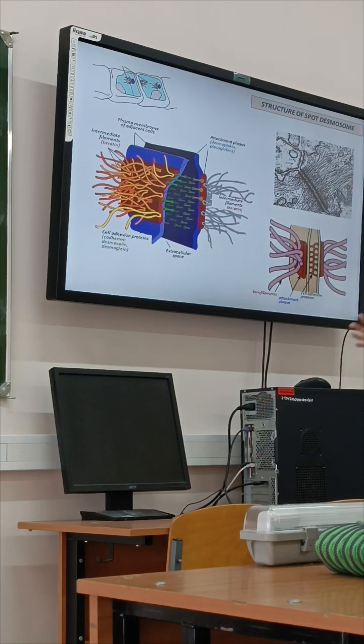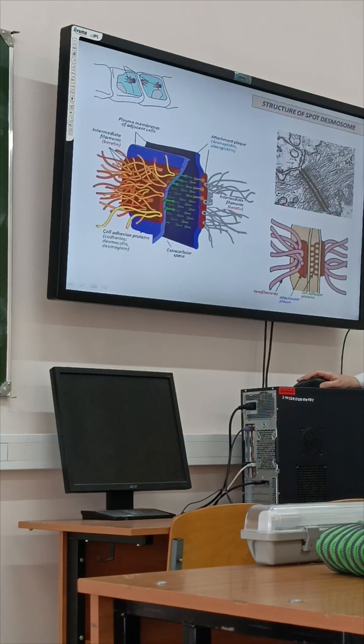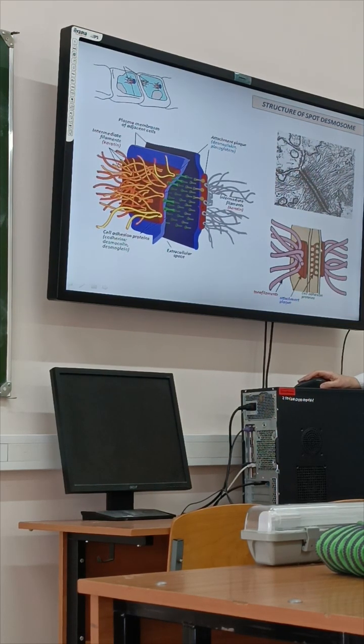That's why we have a mechanical junction of adjacent cells. On electron micrographs, desmosome looks like electron-dense material corresponding to this attachment layer. These lines correspond to intermediate filaments, and gray color material between the two cells corresponds to anchor proteins.